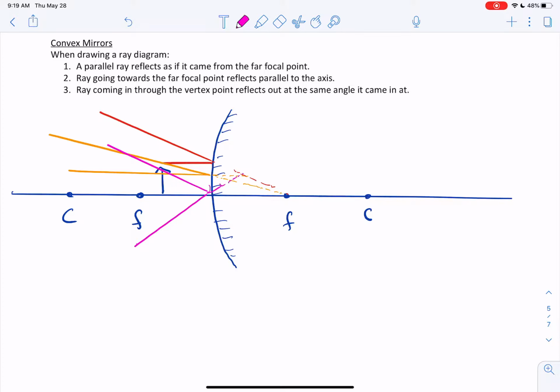And we notice that these all converge right here. So this is our image. So it is a virtual image, and it is smaller, and it is upright.